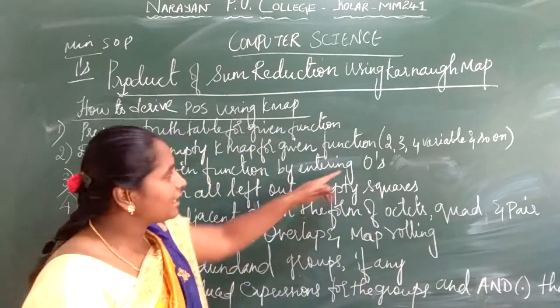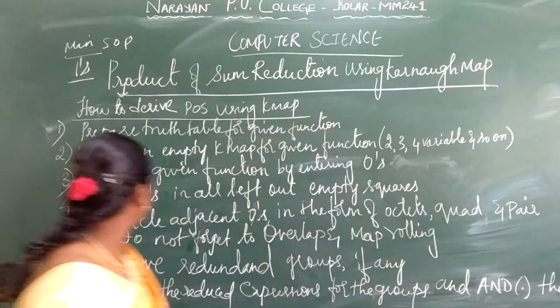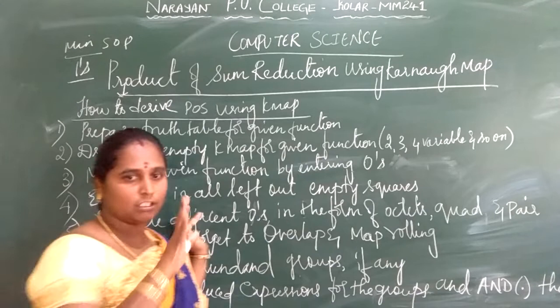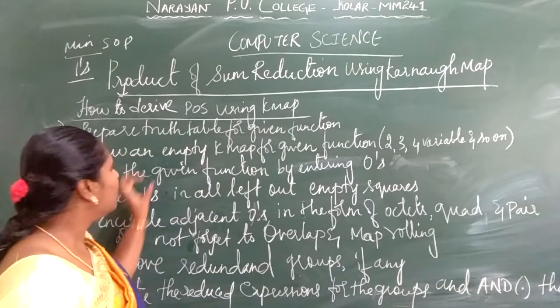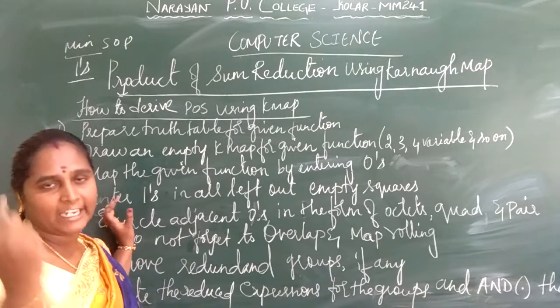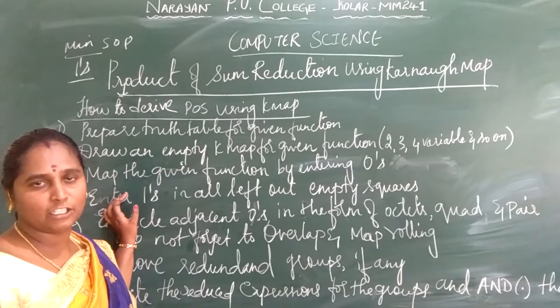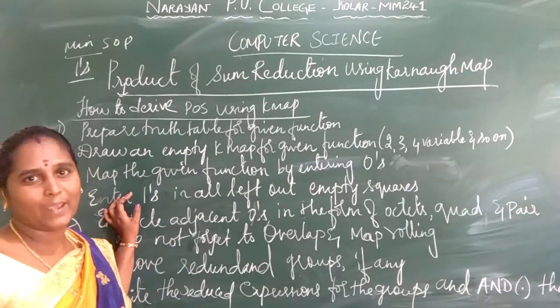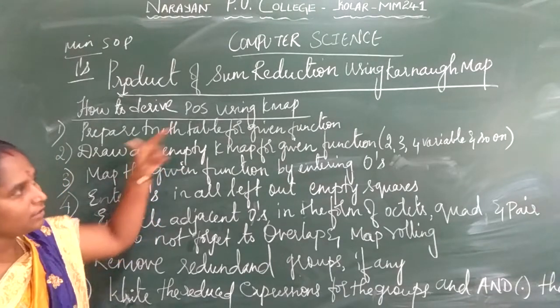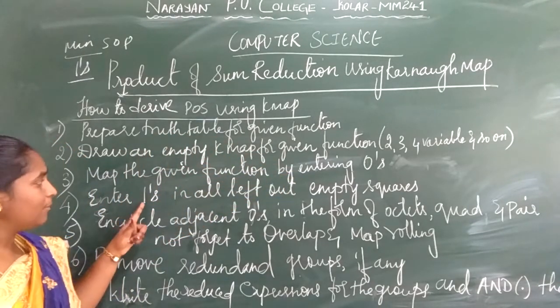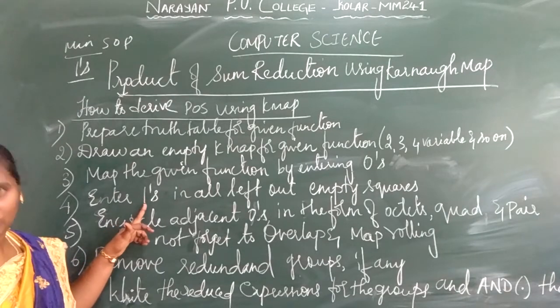After encircling the adjacent zeros, the left out squares in the K-map are marked as 1. After entering the zeros for your output, the left out empty squares are marked with 1s.